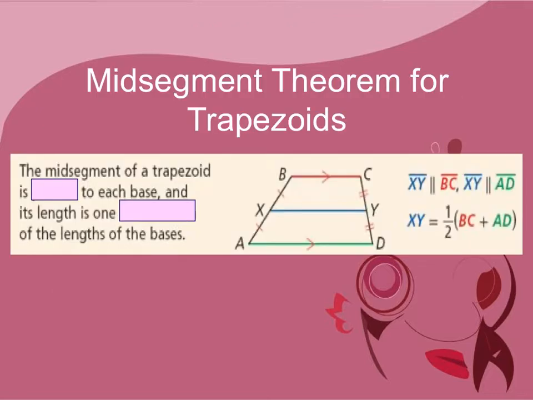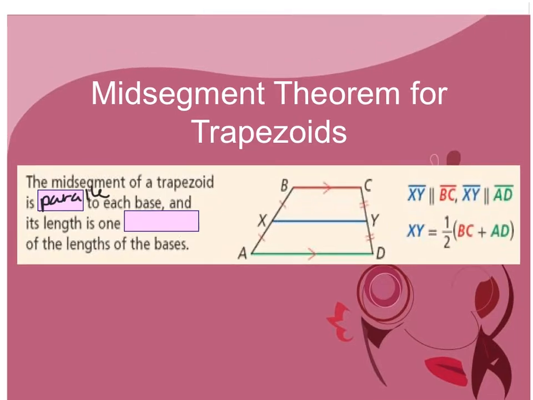The midsegment of a trapezoid is parallel to each base, and its length is half the sum of the lengths of the bases. So if we add the top base and the bottom base and divide by 2, then it would be the length of our midsegment XY.